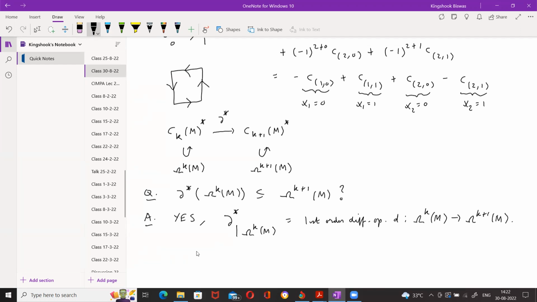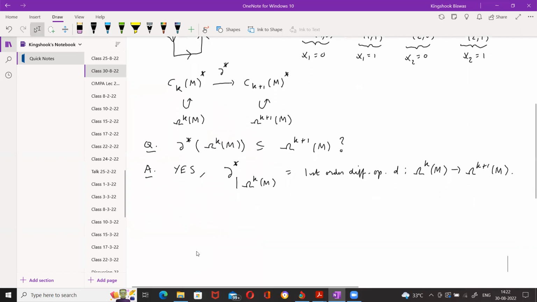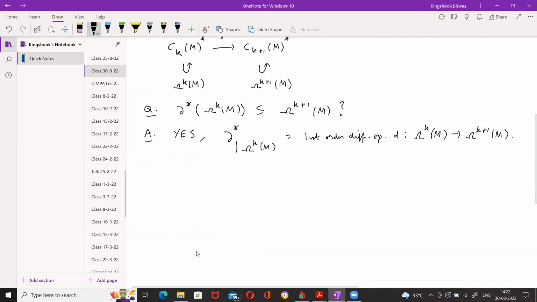Okay, so assuming this answer, how do we find an expression for d? Assuming that this holds, how to find the operator d.